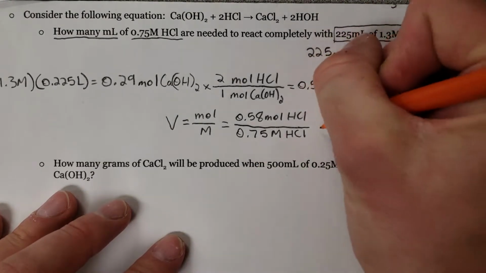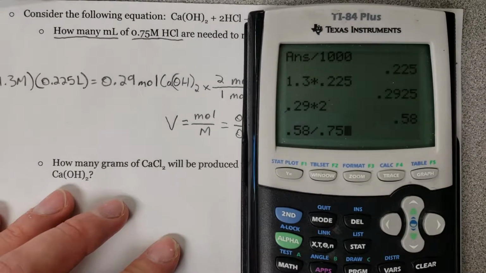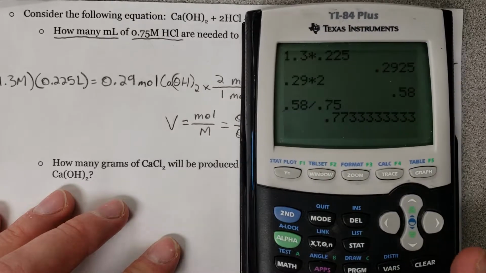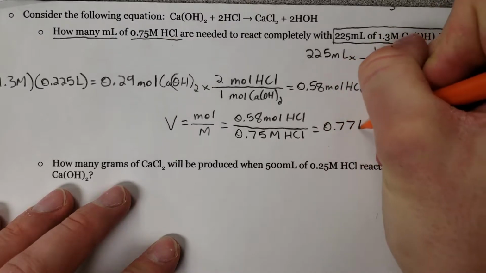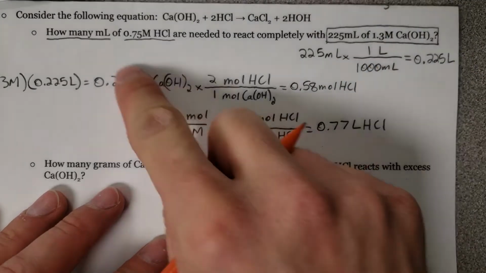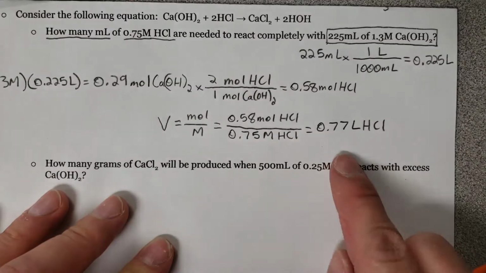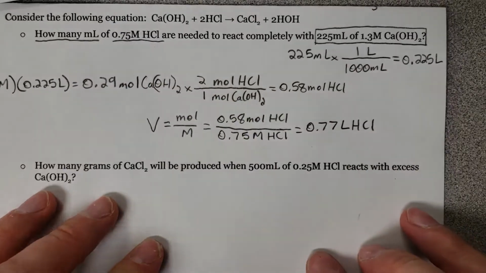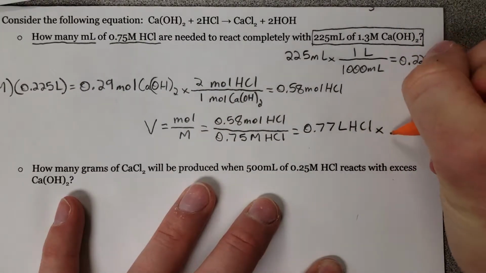Now we just plug that in: 0.58 divided by 0.75 gives us 0.77 liters of HCl. We're almost there, but not quite done, because we need to convert that into milliliters, since that was what our question was asking. It wasn't asking for liters. So we plug in our conversion factor.